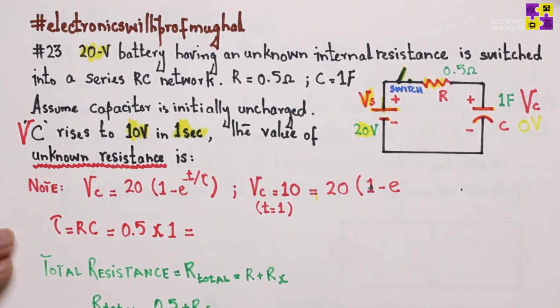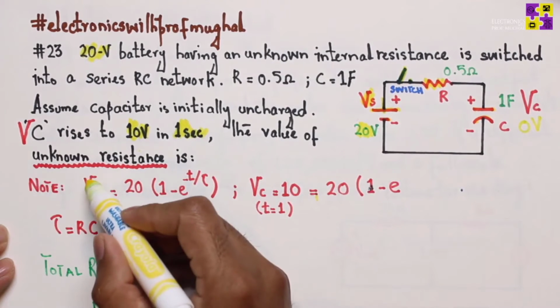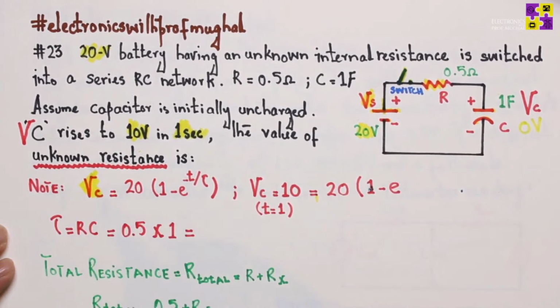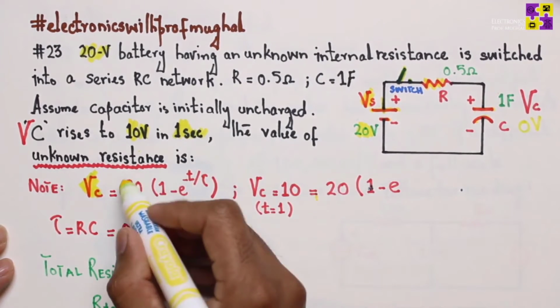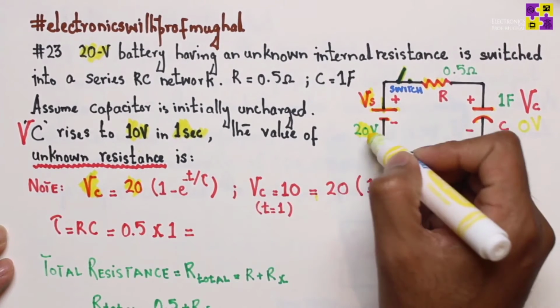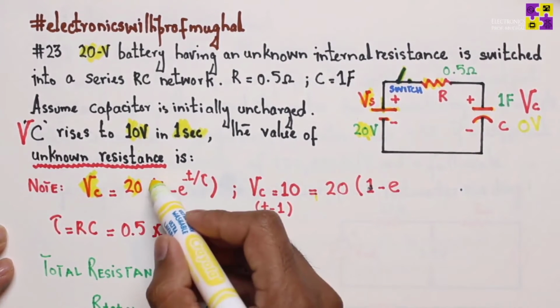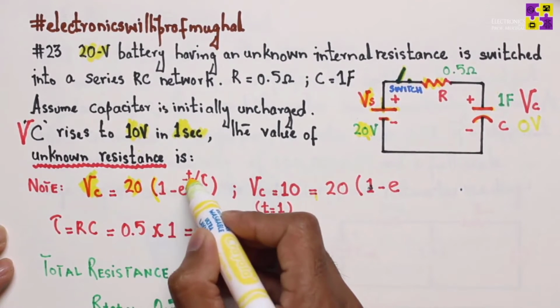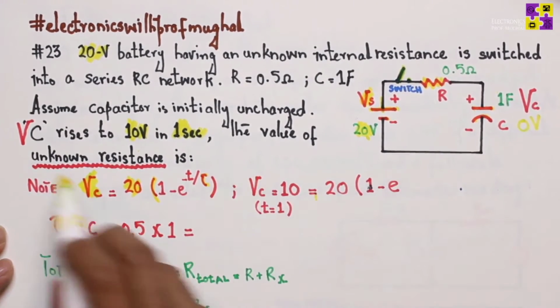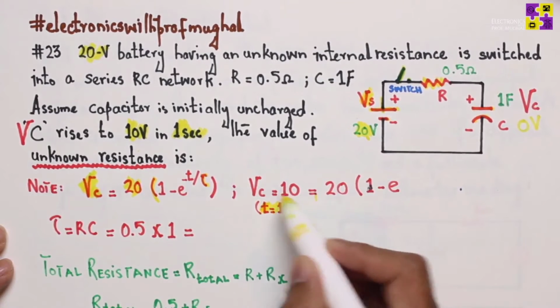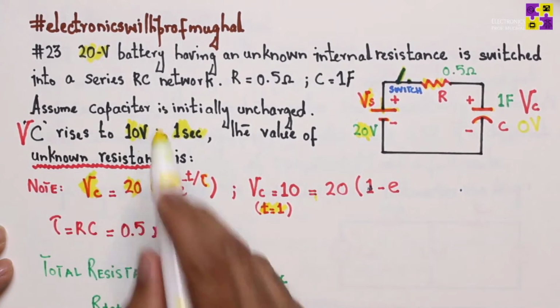Now, we already know that the voltage across the capacitor in an RC network is equivalent to VS, which is this right here, 20 volts, times 1 minus e to the power negative t over tau. And at 1 second, VC is equal to 10, right?